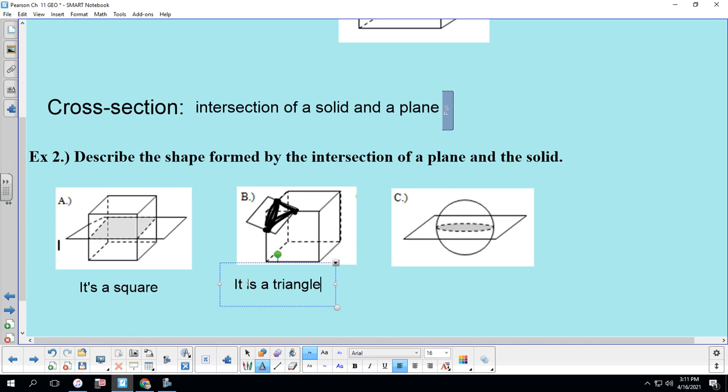Sorry, my computer is singing to you. All right, and then when we cut a sphere anywhere with a sheet of paper, otherwise known as a plane, you get a circle.